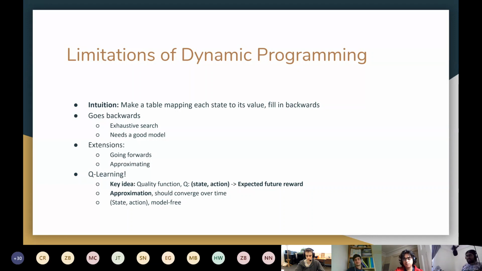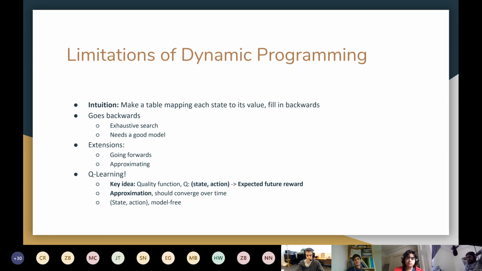And this is basically the same thing you would get from dynamic programming. If you know from a state for all possible actions what the expected reward would be for each action, you can just take optimal actions. But obviously we can't just perfectly calculate this because we want to do better than dynamic programming. And so we need to approximate it.